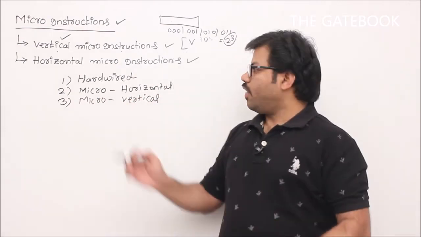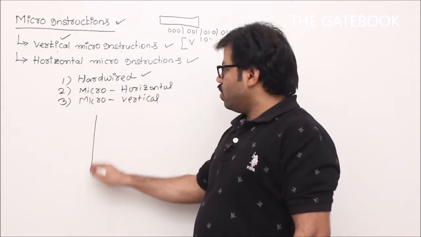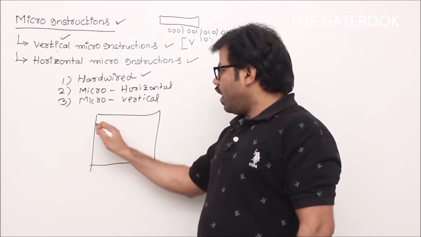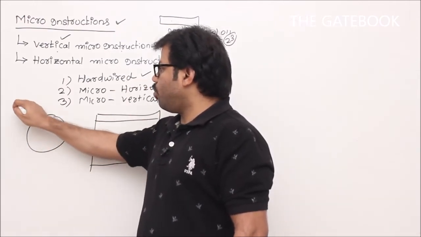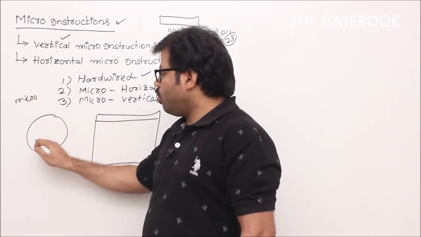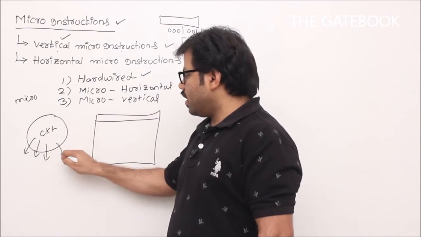You tell me. Definitely the circuit will be faster, right? Why? I will tell you. In the circuit model, to perform one micro operation, at that time the circuit was automatically generating the signals.